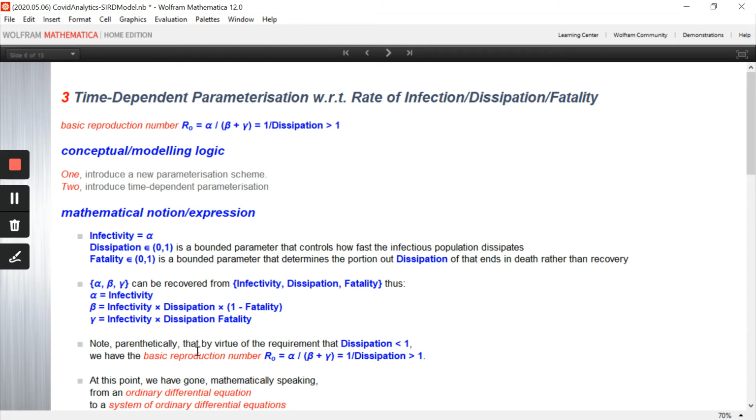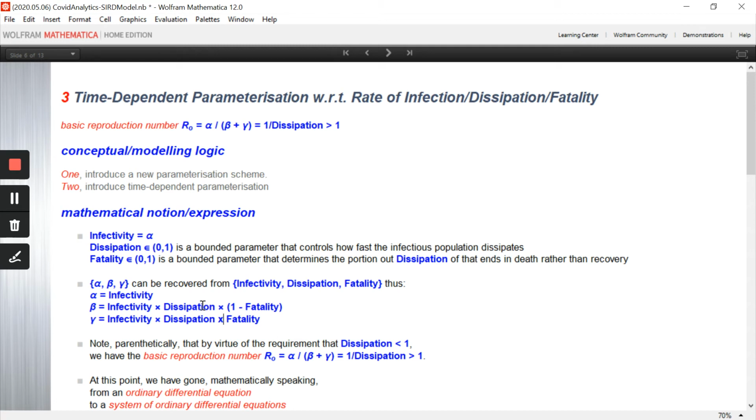Okay, so the original infectivity is as before, alpha. Now the recovery rate becomes infectivity multiplied by dissipation multiplied by 1 minus fatality. The mortality rate is, once again, infectivity multiplied by dissipation rate, and that portion multiplied by fatality.